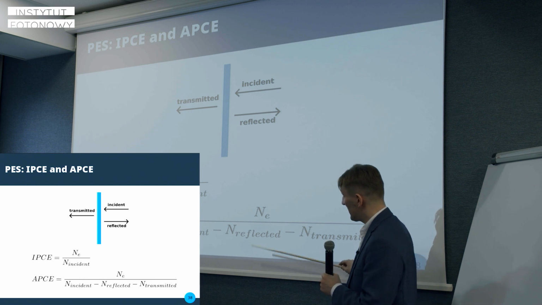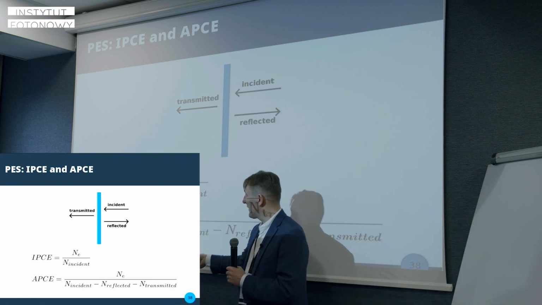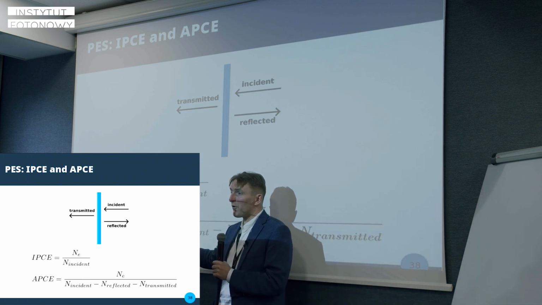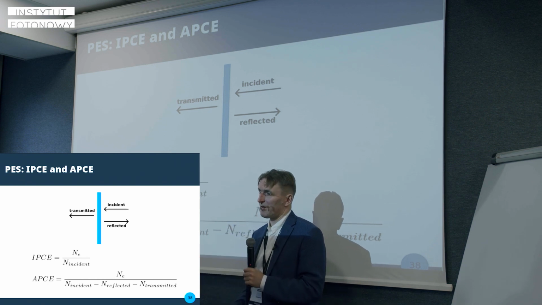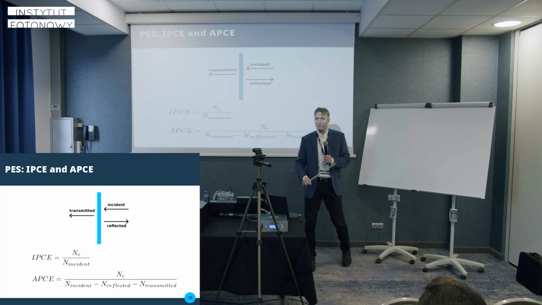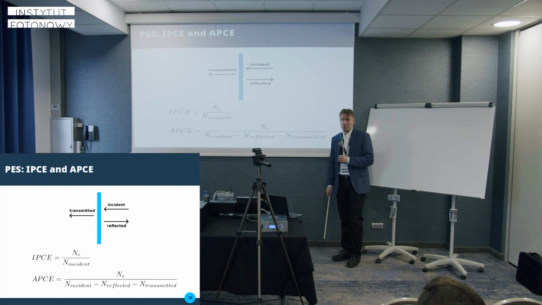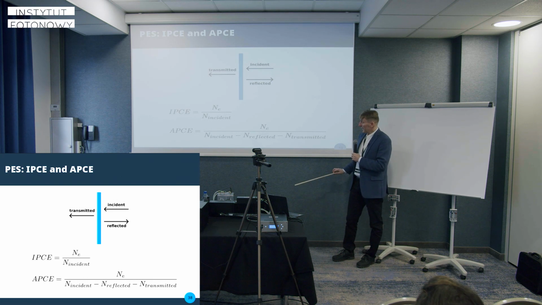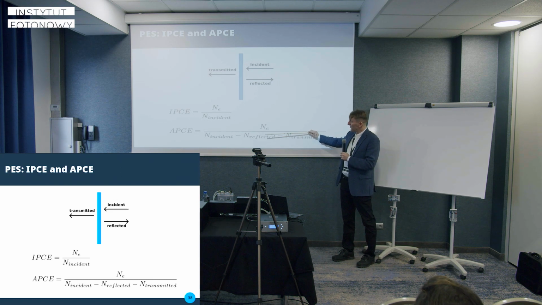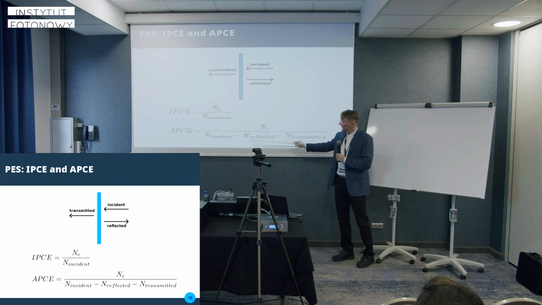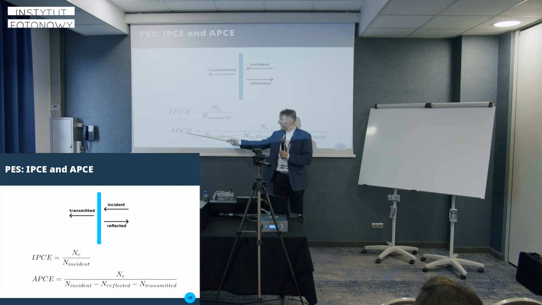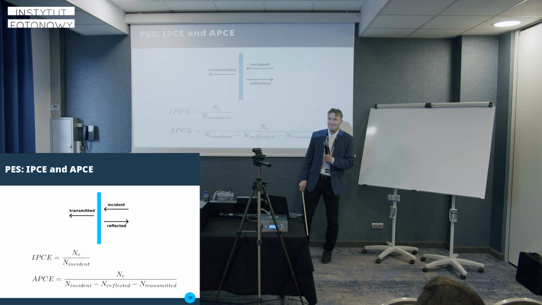And this is APCE, absorbed photons to converted electrons, or internal quantum efficiency, or whatever name you have there. Often it is just abbreviated to quantum efficiency. So the thing is that this number is greater than this one almost always.